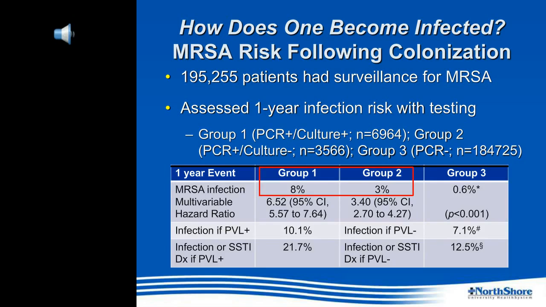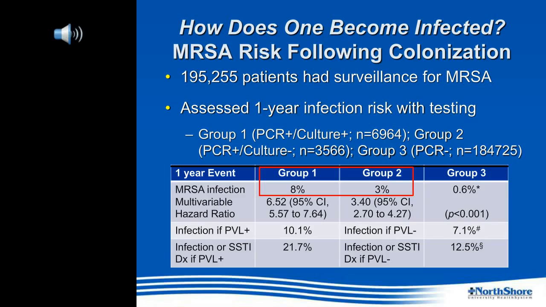And this looks at the MRSA infections that occurred in these groups over 1 year. And you can see that for those that were both PCR and culture positive, their rate of infection was 8%, more than 10 times higher than for those patients that were negative. The group 2 patients that were PCR positive and culture negative is intermediate, and what we found in looking at this is that some of the PCR positive, culture negative in the nose are culture positive elsewhere, such as in the throat or even the rectum.